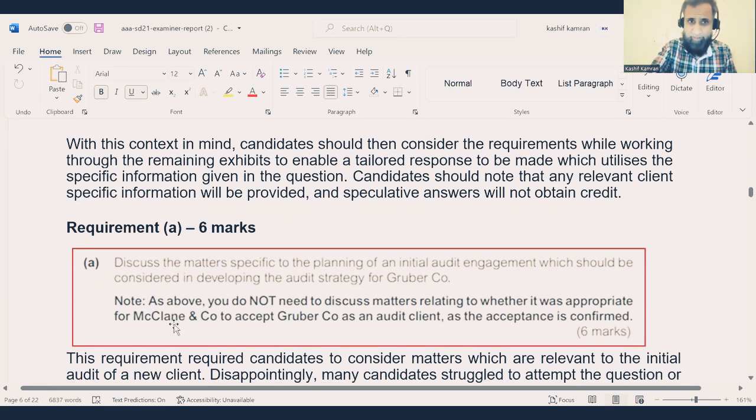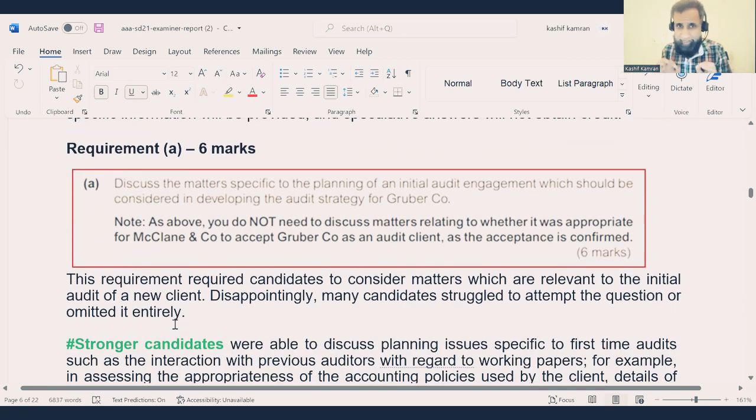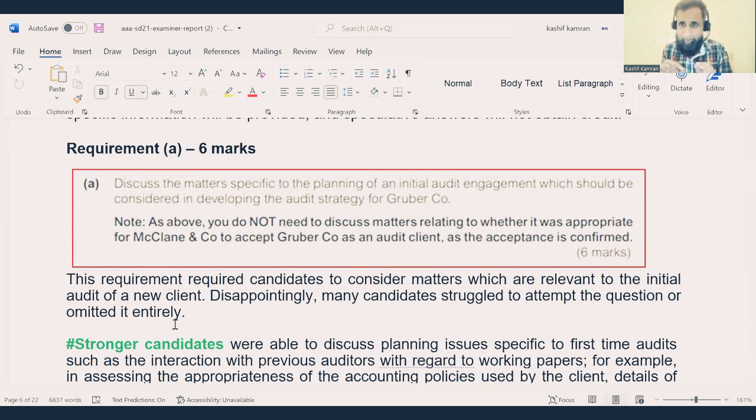This is the first requirement for 6 marks: discuss the matters specific to the planning of the initial audit engagement. And you're not conducting any client screening procedure because Grubber has already been accepted as a client. You're only looking at what sort of things you will focus on when you are planning the first year audit.